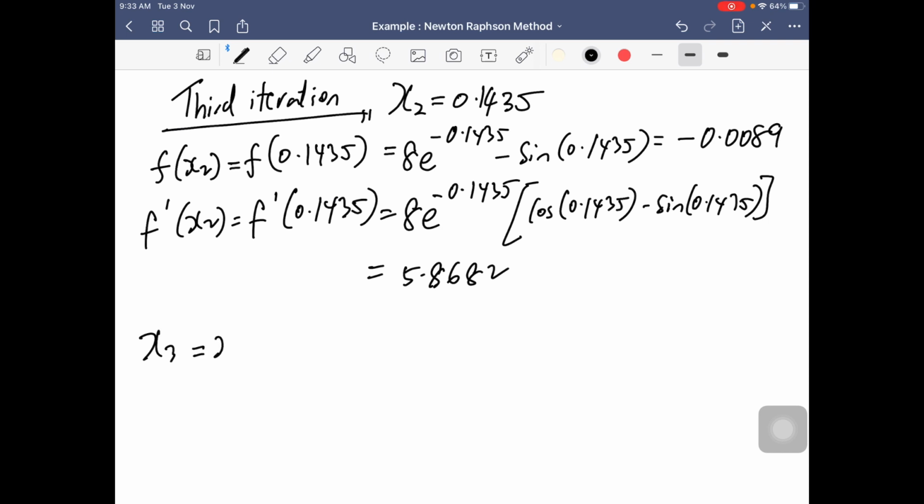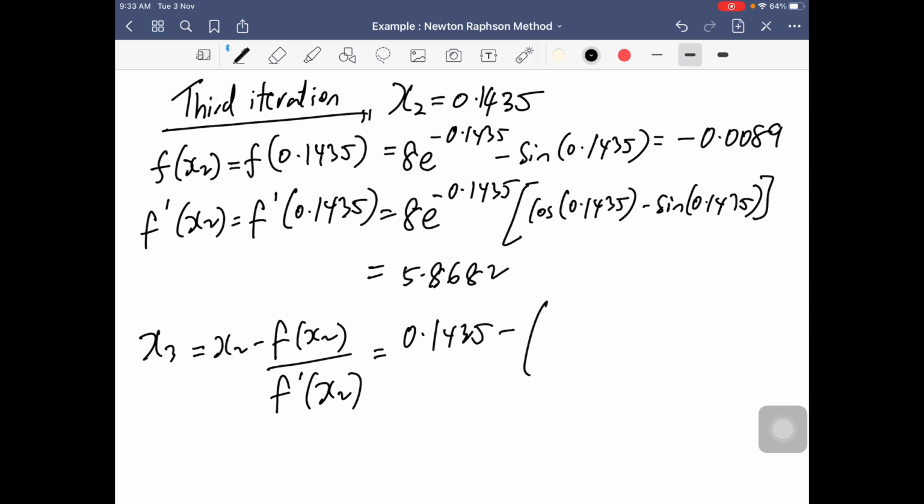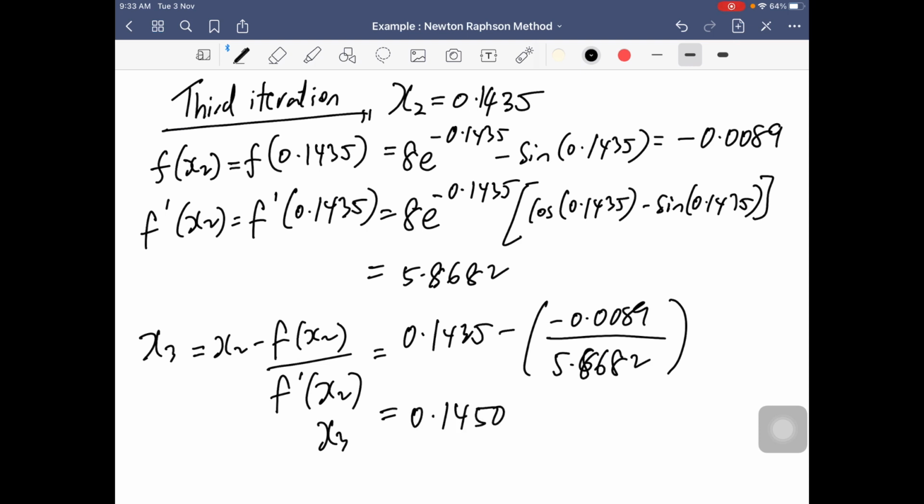Calculate x3 equal to x2 minus f(x2) divided with f'(x2). Here you substitute back all the calculated values. Alright, so you should get your x3 equal to 0.1450.